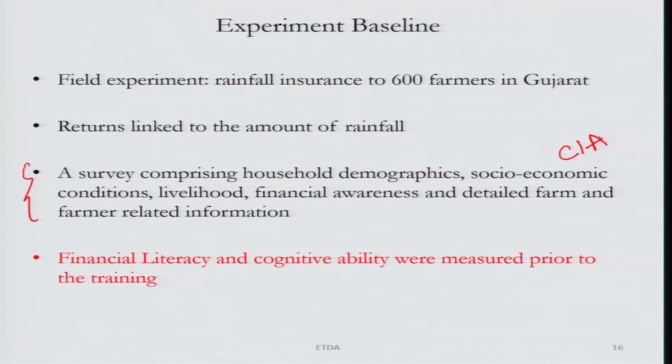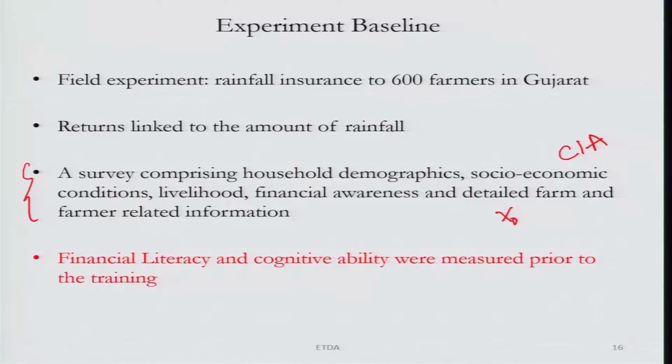More data would help you establish the CIA. Even when you do not have observations on Y naught i, you would have observations on X naught i, and you would try to see whether this is independent of your treatment D i or not. They also have financial literacy and cognitive ability measured prior to the training.